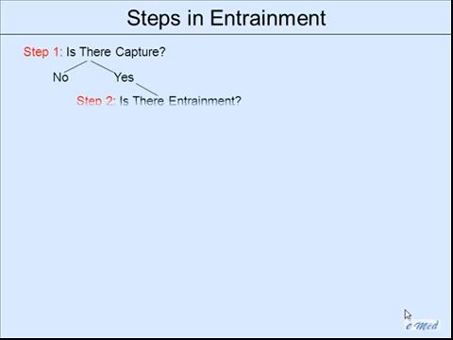Now, in going through this process of entrainment, we need to do this right. And so an algorithm to go through here is seeing: is there capture? First of all, obviously you can't do any interpretation of post-pacing intervals if there's no capture, but everybody tries from time to time. If there's not entrainment, then go get entrainment.